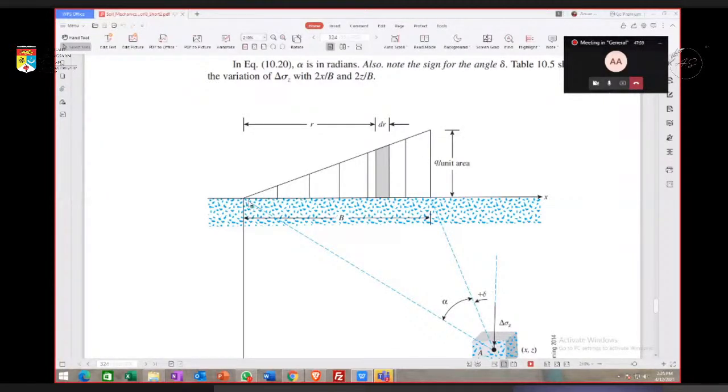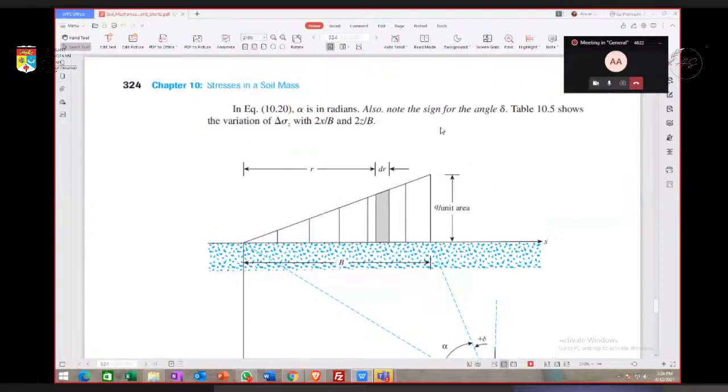The loading is not well distributed: at this corner, for example, we have no load, and at the other end of B, we have a much higher load. So we can use the equation given, or we can use the table here.